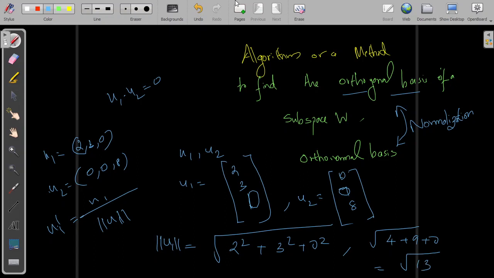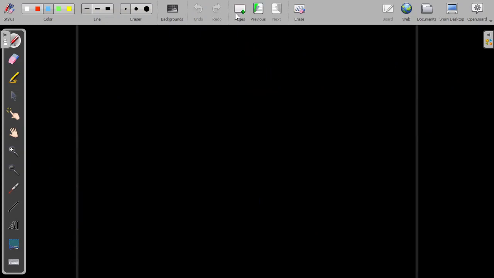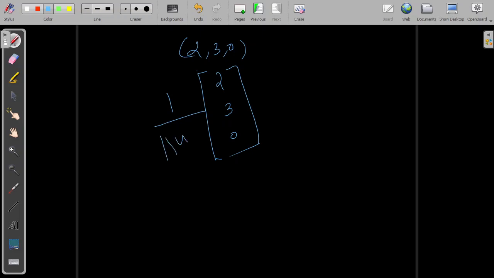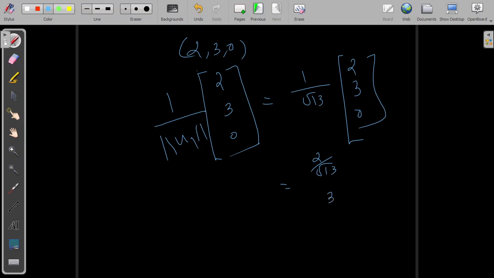Normalization means you divide the vector u1 by norm u1, that is root 13. So the vector 2 3 0, represented as a matrix, divided by its norm gives 1 by root 13 into 2 3 0, which is 2 by root 13, 3 by root 13 and 0. So this is the normalized vector.